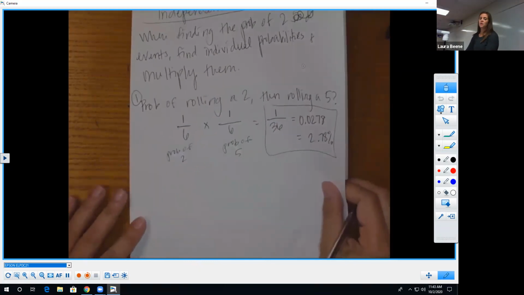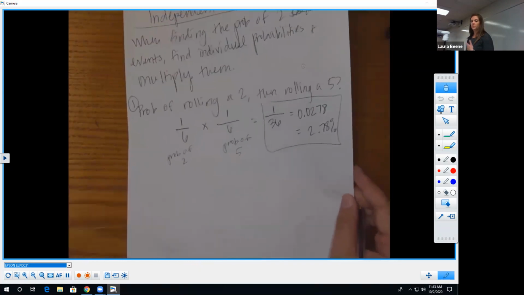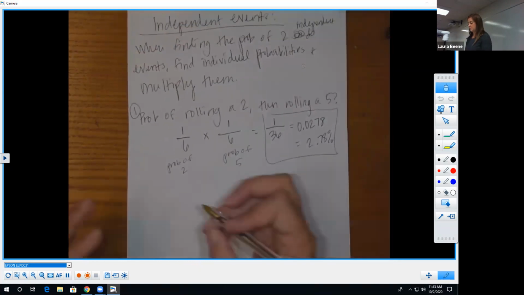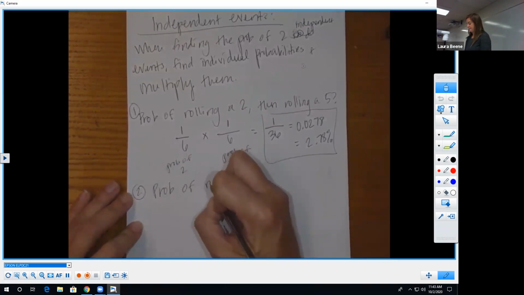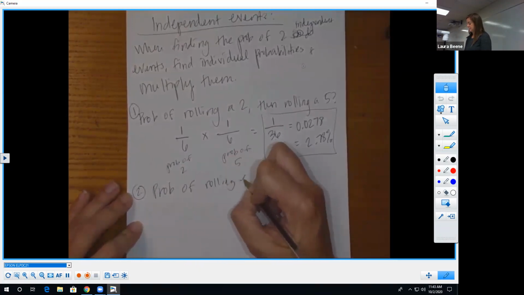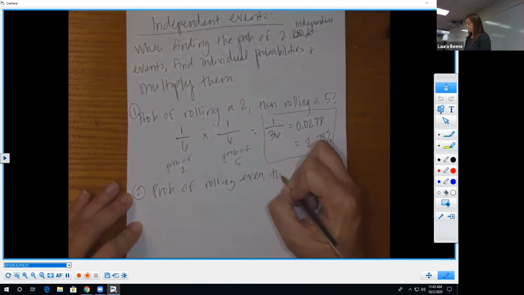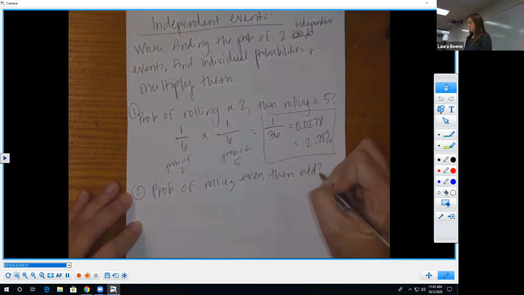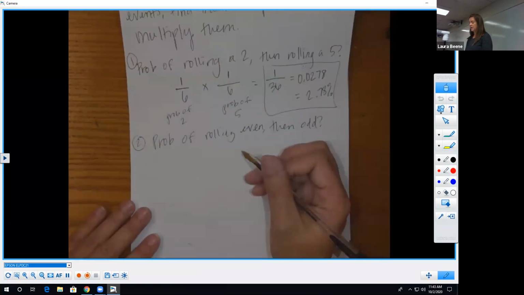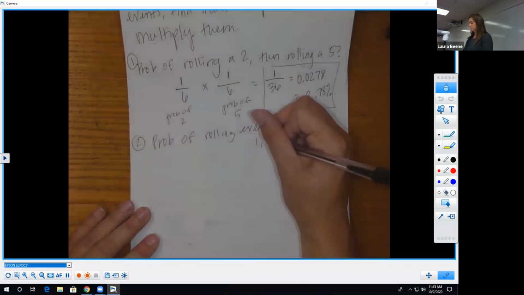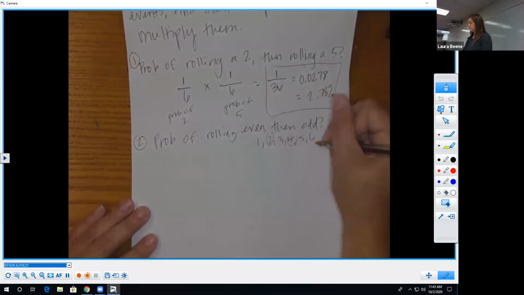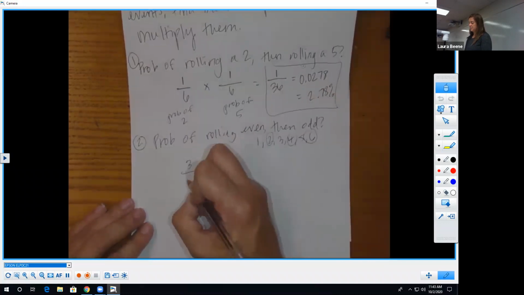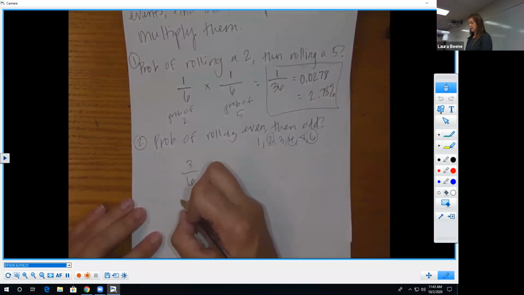Okay. You could do the same thing. You'd say the probability of rolling an even number and then rolling an odd number. Okay, so the probability of rolling an even number, how many even numbers are on a die? Well, remember it's 1, 2, 3, 4, 5, 6. The even is 2, 4, 6. There are 3 even numbers out of a total of 6 outcomes.